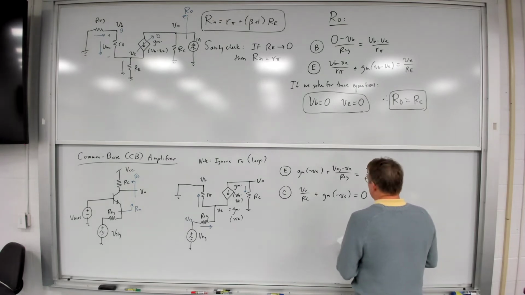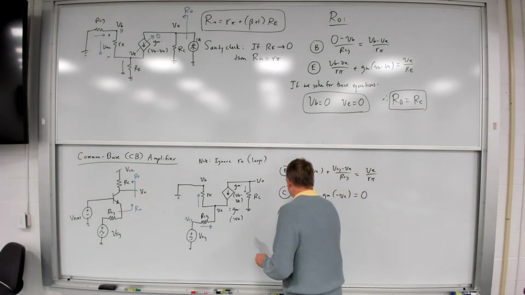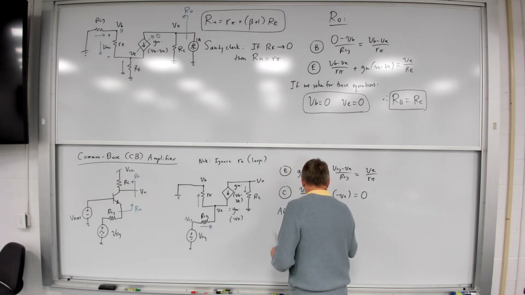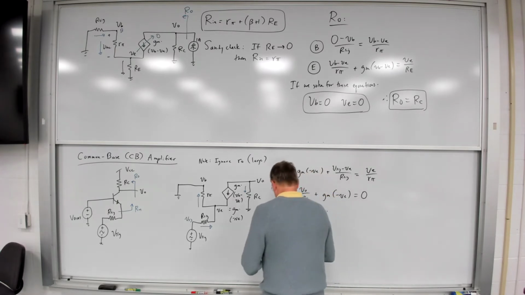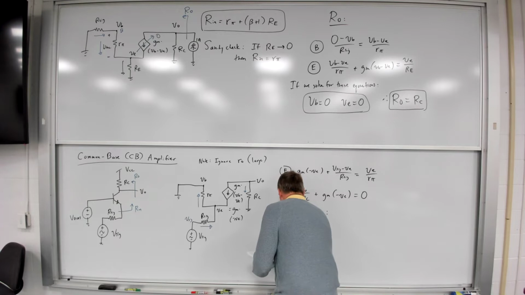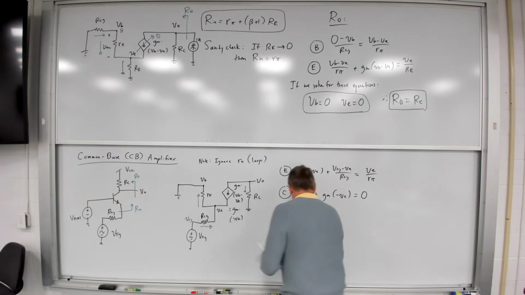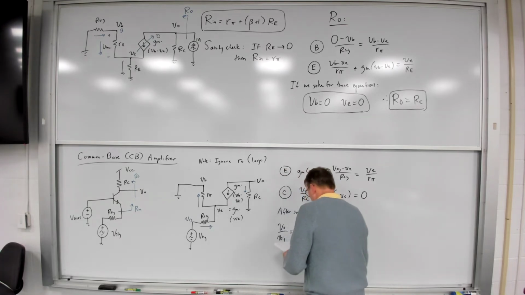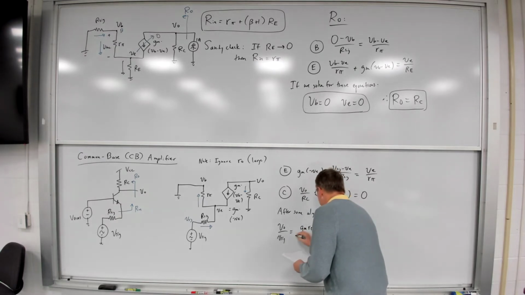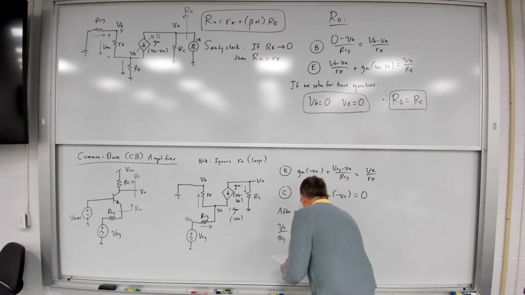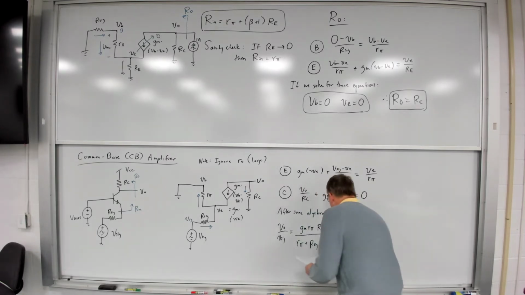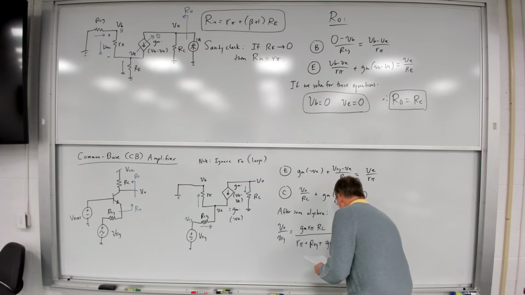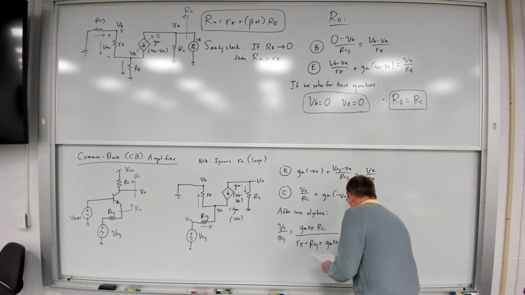But if you do some algebra, what we get is that VO over Vsig is equal to gm times r pi times RC divided by r pi plus Rsig plus gm r pi times Rsig.